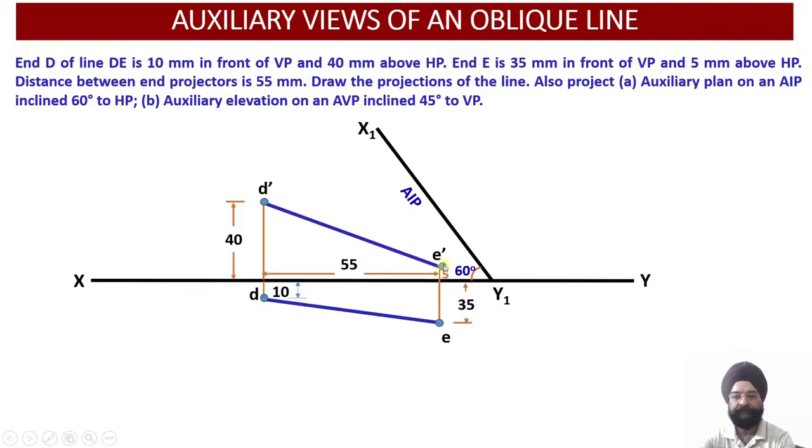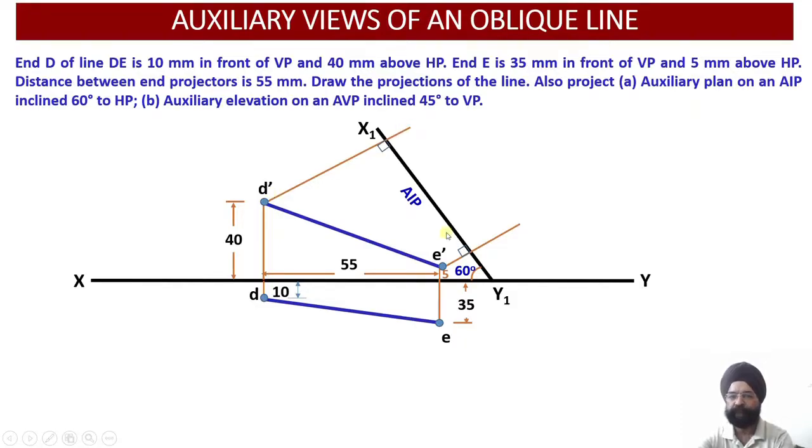Once again, through D dash and E dash, I will be drawing two projector lines which will be perpendicular to the x1 y1 AIP, because all the projectors should be perpendicular to the plane of projection. This thing we need to remember.